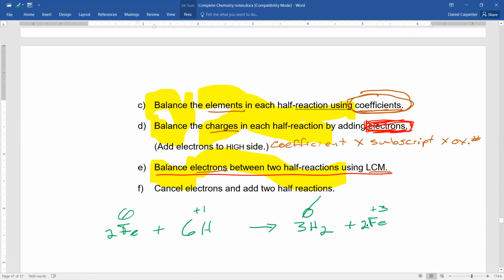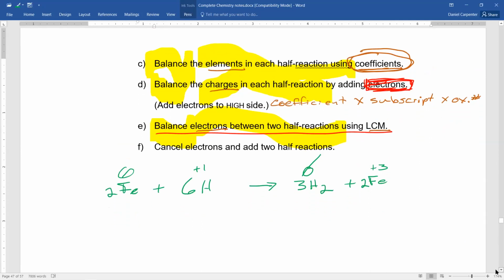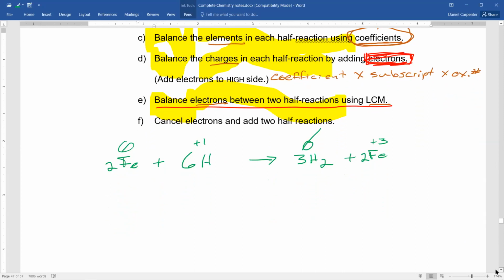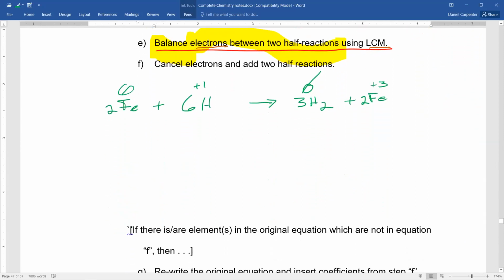Now, if everything made sense to this point, you're in reasonably good shape. Now, this one bothers people.